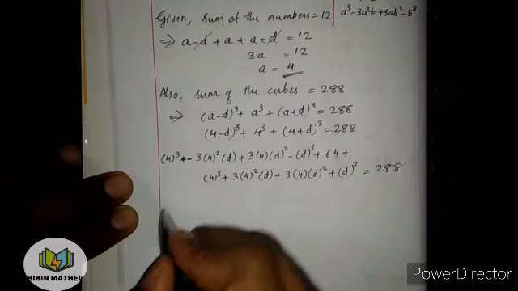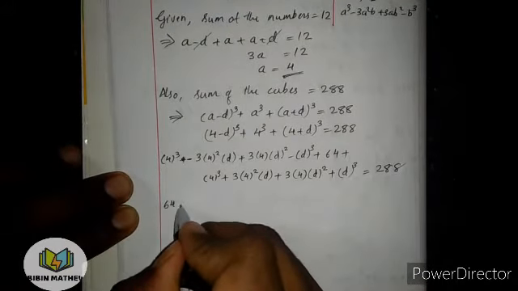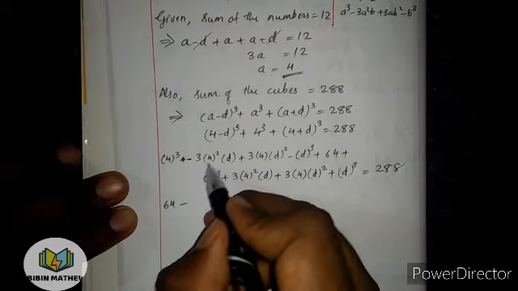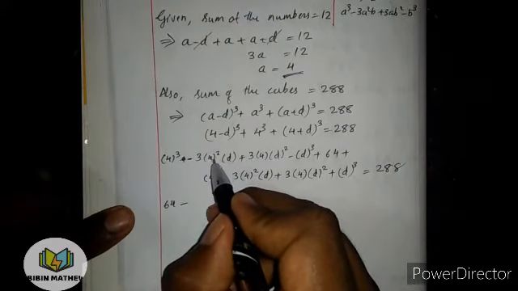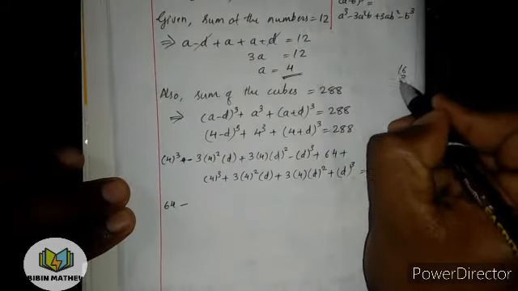Now 4 का cube, it is 64, minus इधर 4 का स्क्वायर कितना है? 4 square is 4 4 is 16. 16 into 3, it is 48, right?